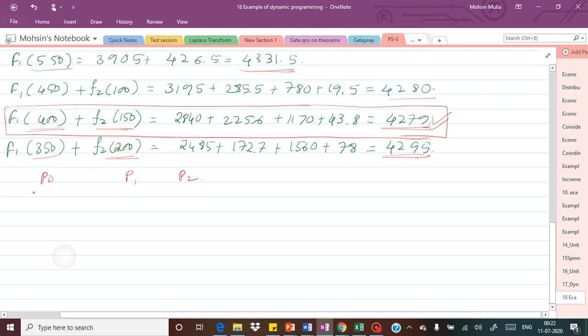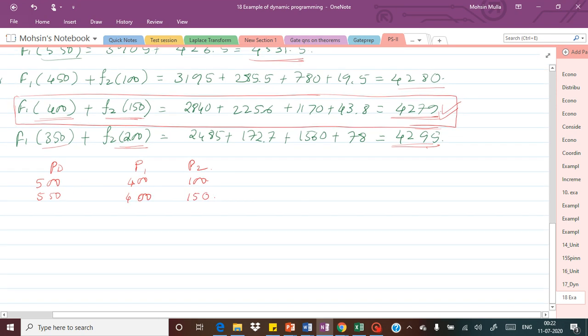When we took 500, what is the most economic combination? P1 400, P2 100. When we did 550, the most economic combination is 400 on P1 and 150 on P2. Okay, so similarly when we have 600 and so on, up to whatever maximum capacity we can obtain by using the 3 units.